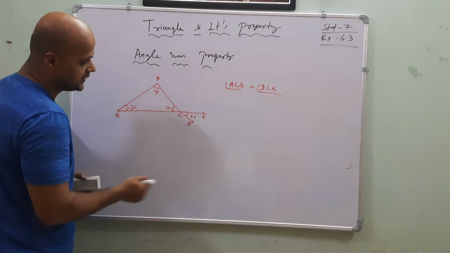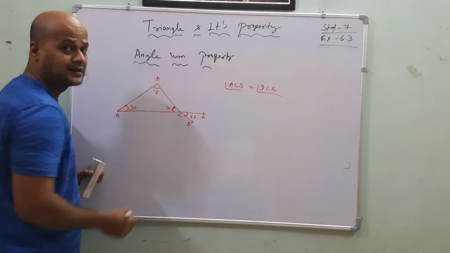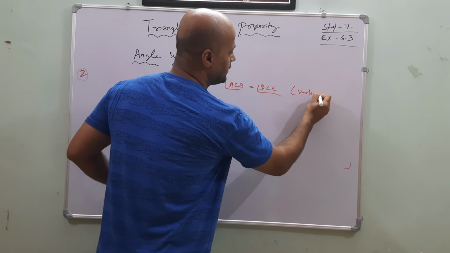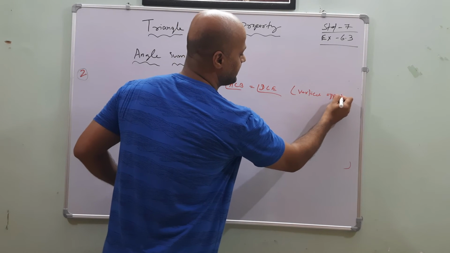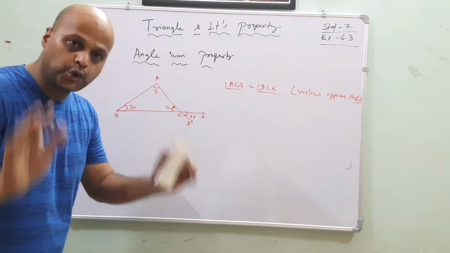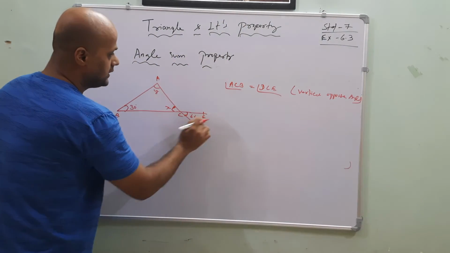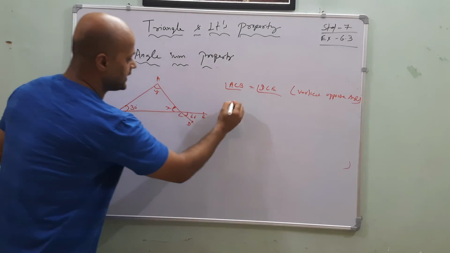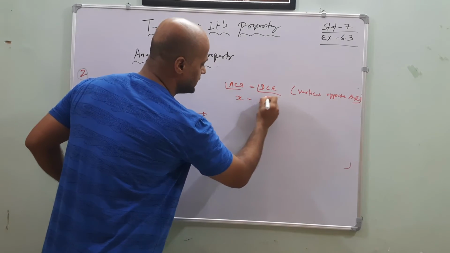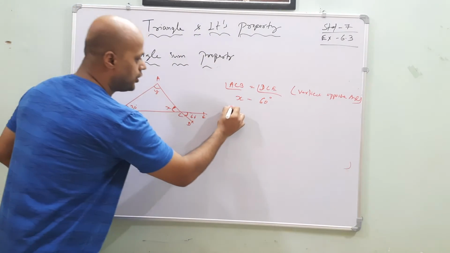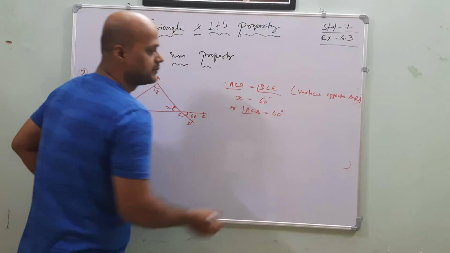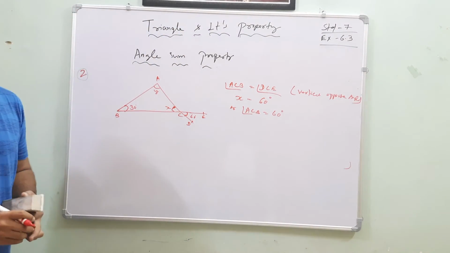Which angles? These two angles are called what? Yes, it is called vertical opposite angles. You have to remember this one. Vertical opposite angles are equal. So angle ACB is x, means what is the value of DCE? It is 60 degree. So x is equal to 60 degree, or angle ACB is equal to 60 degree, my dear friends. Understood? Okay, very good.